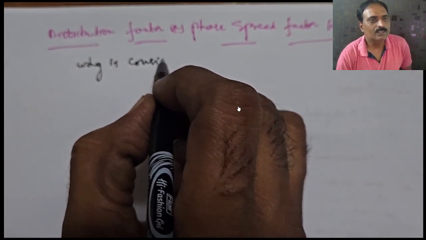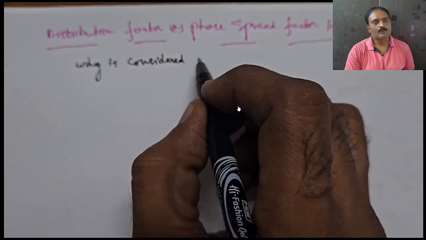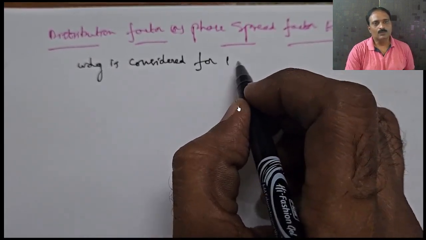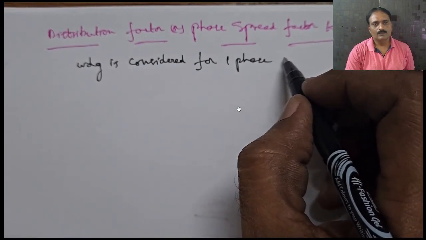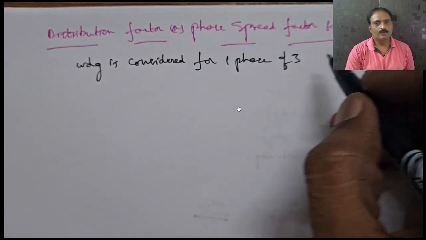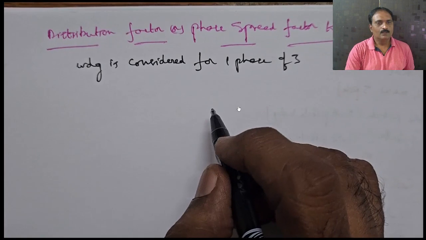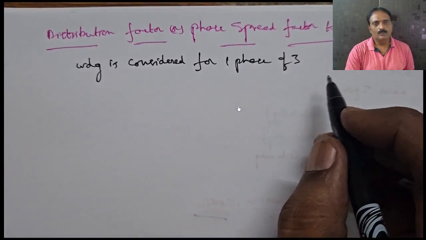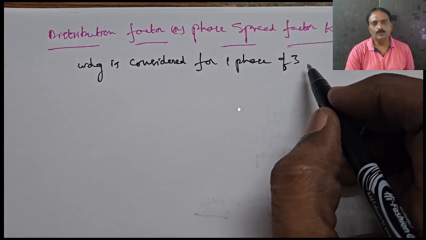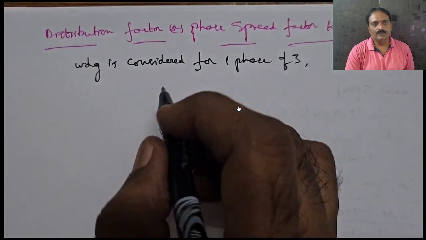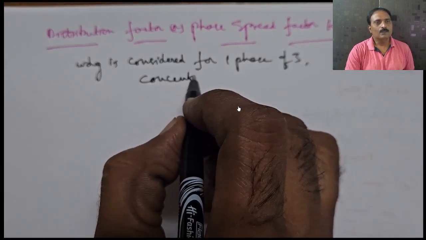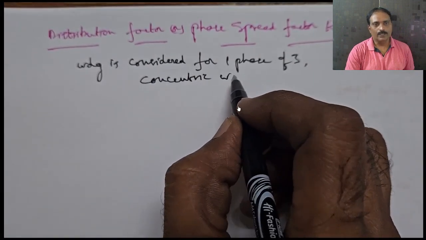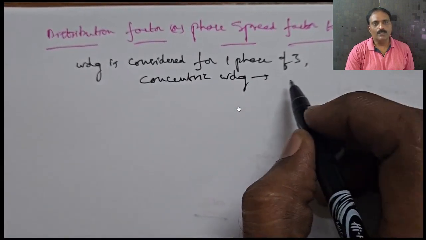So when the winding is considered for one phase out of three, and corresponding to each phase, if the winding is placed in one slot, we call that concentrated winding.